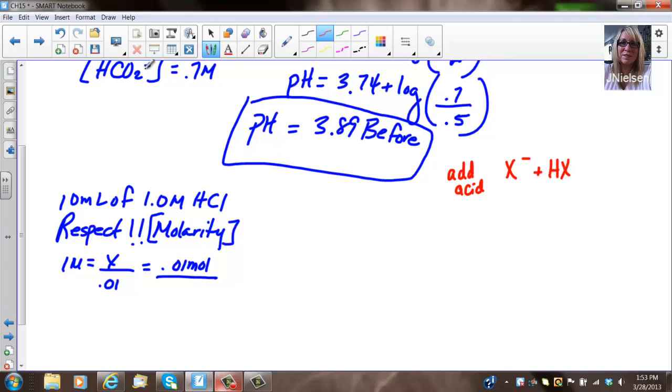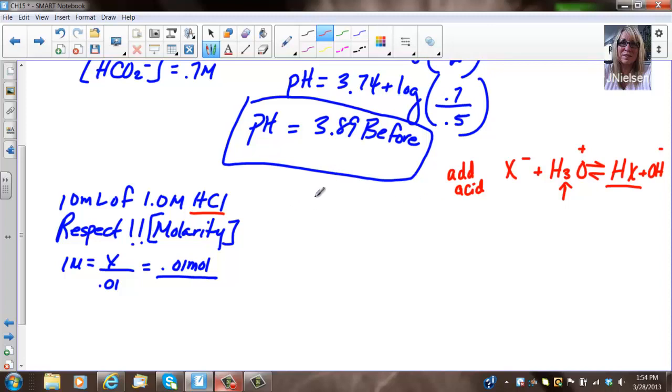In this case, you're adding acid, so that would be like your H3O plus, which is what we're doing in this case, except we're adding it in the form of HCl, and we're going to produce more acid and OH minus. So it should make sense to you that as we increase the acid, that's going to make more collisions with the base, and the base is actually going to decrease because the two of them are working together to form more HX.